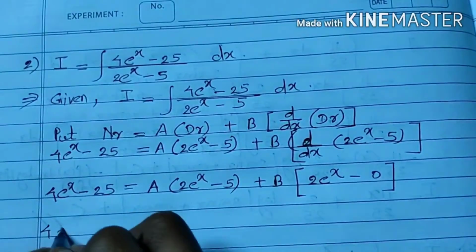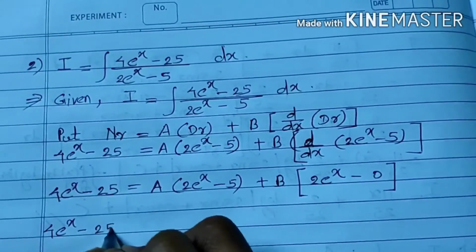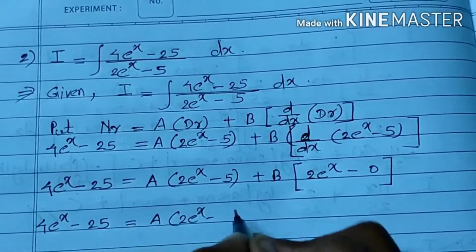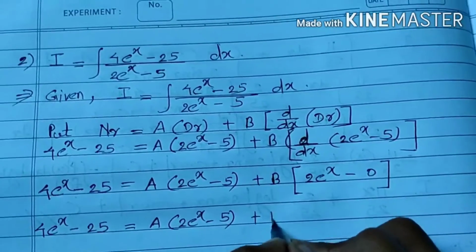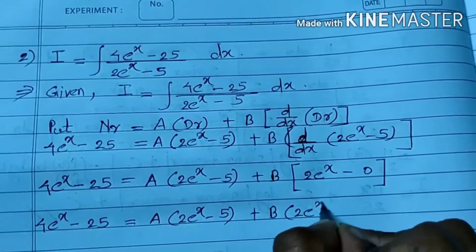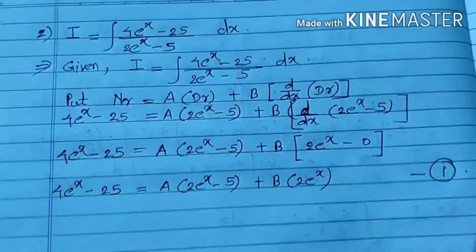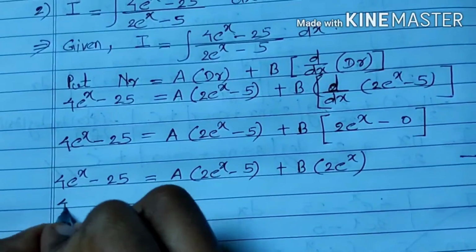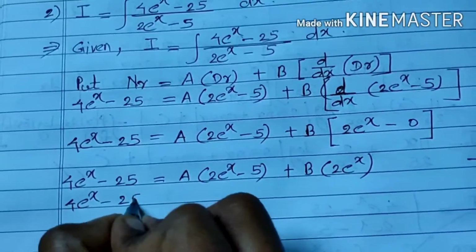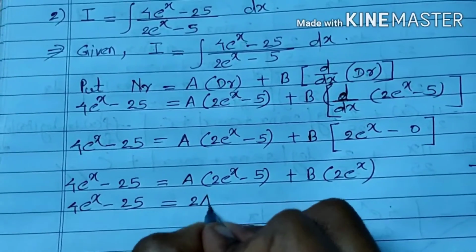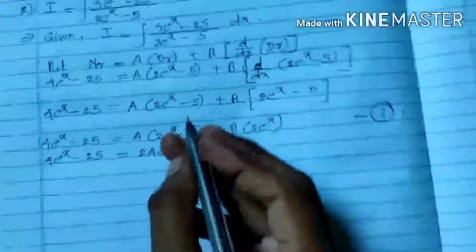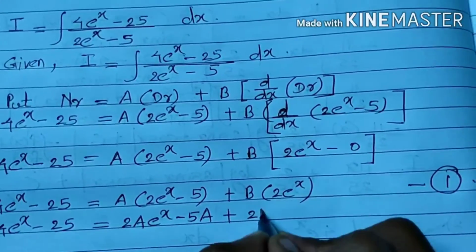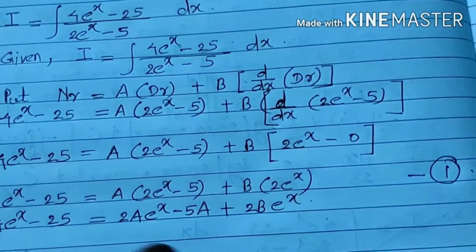So it will become 4 e raised to x minus 25 is equal to a(2 e raised to x minus 5) plus b into 2 e raised to x. Give it equation first. Now multiplying the terms a and b, so we get 4 e raised to x minus 25 is equal to 2a e raised to x minus 5a plus 2b e raised to x.